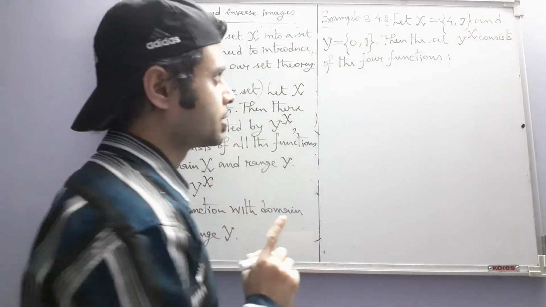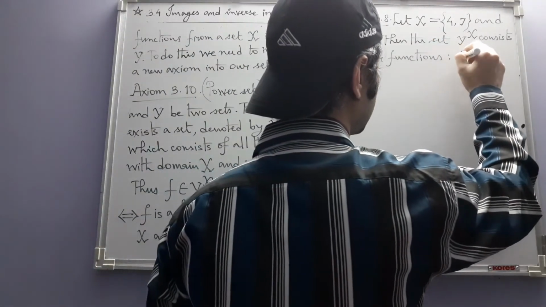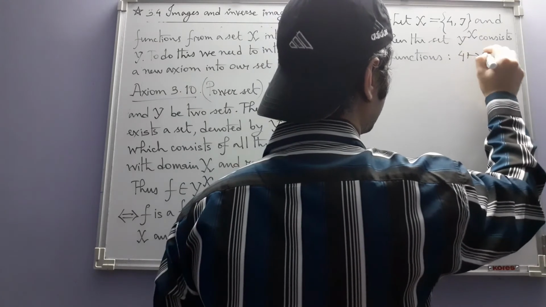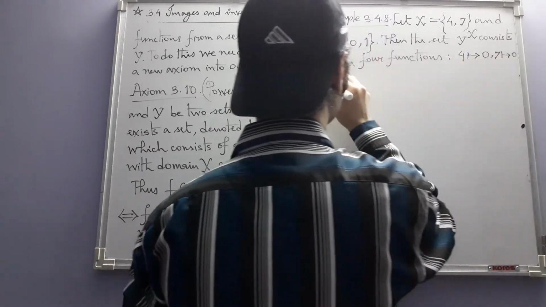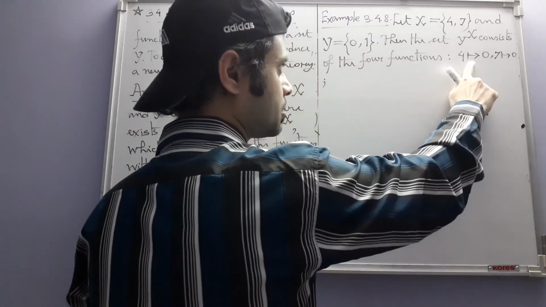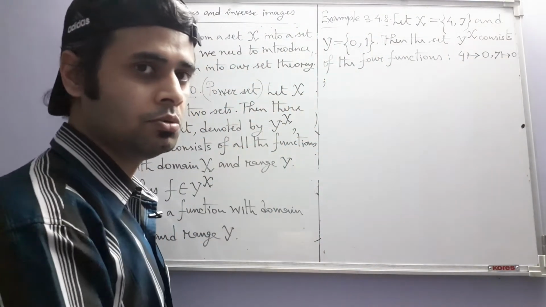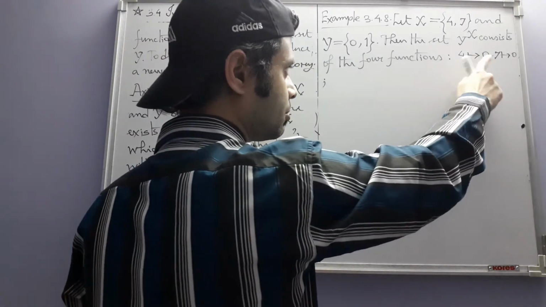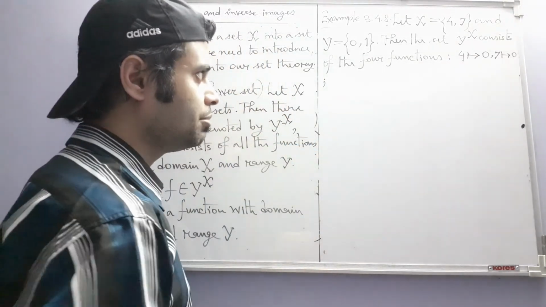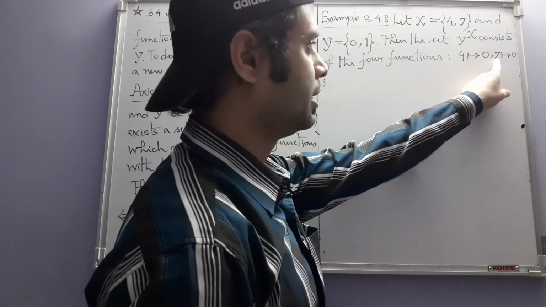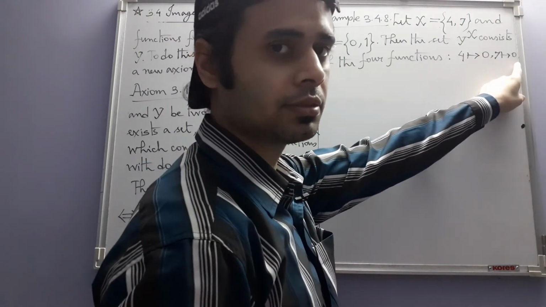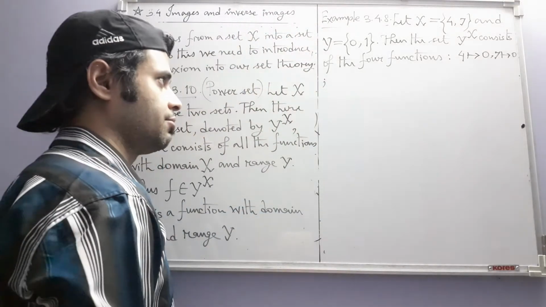The first function maps both 4 and 7 onto 0. This symbol means maps to. If the input is 4, output is 0. If the input is 7, output is 0. So that is the first function.